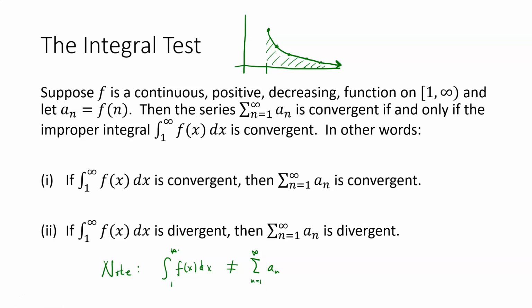But if the integral has a value, all it tells us is that the series does converge. It doesn't necessarily tell us what the value of the sum is. We'll see in a moment that we can use the integral to help us estimate or approximate the sum of the series.